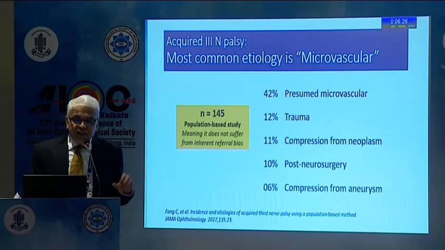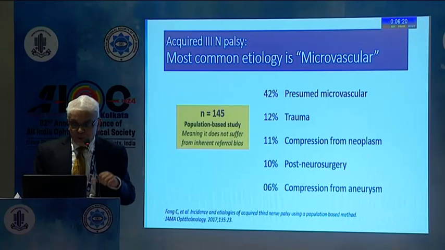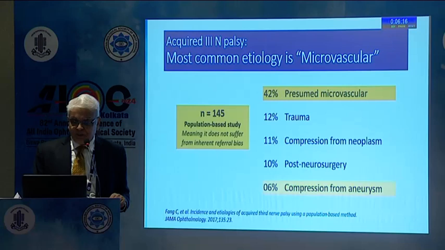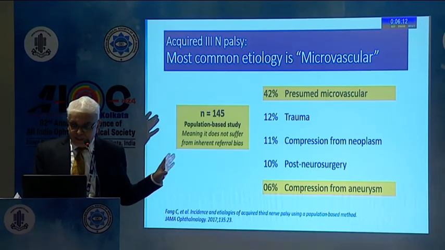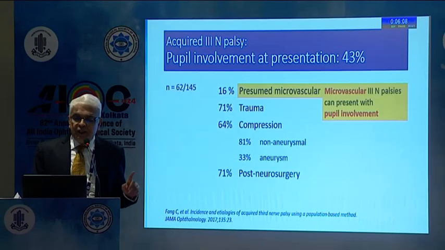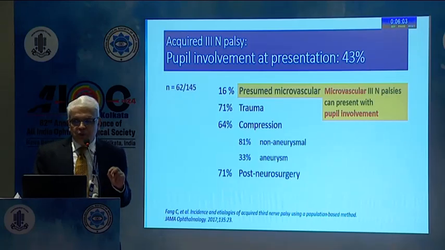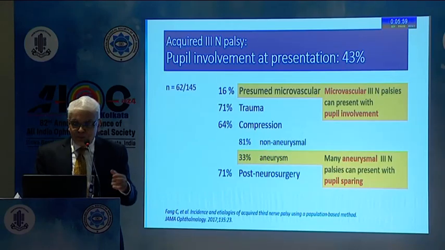Thirdly, as far as acquired third nerve palsy, the most common etiology, this is from the Mayo Group, 42% were presumed microvascular, and 6% was compression from aneurysm. So there are some of your numbers. But what is interesting is, regarding pupil involvement, microvascular third nerve palsies can present with pupil involvement, and as Rashmin very presciently informed me, many aneurysmal third nerve palsies can present with pupil sparing.